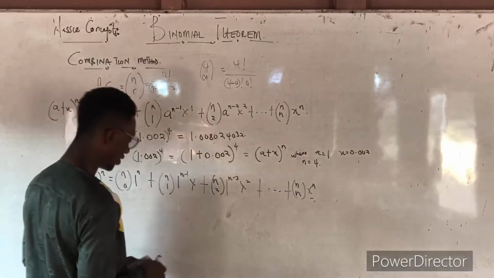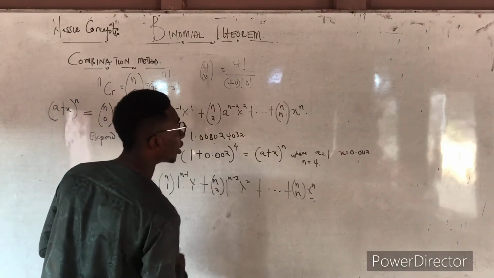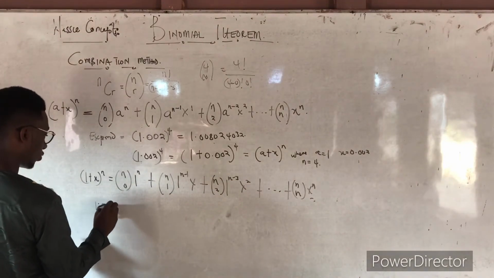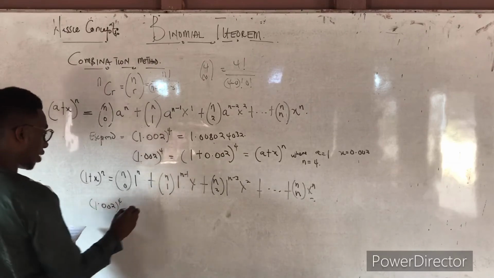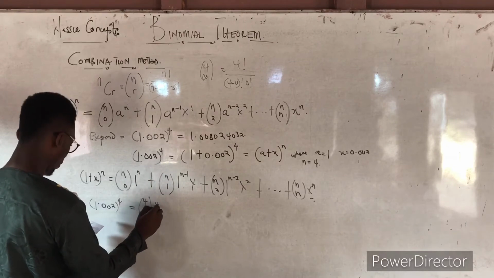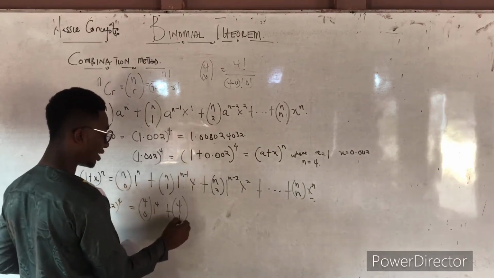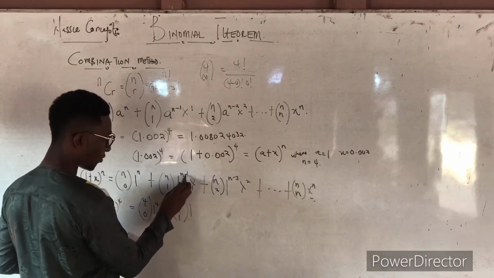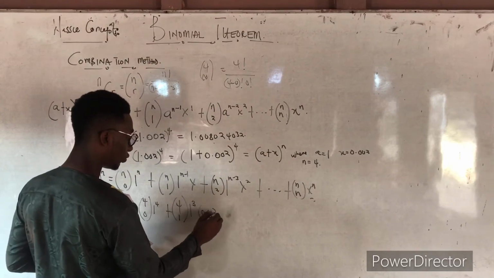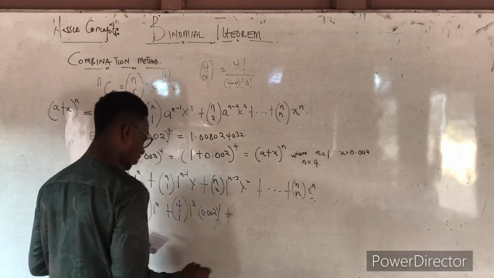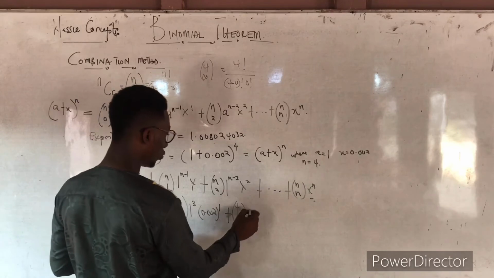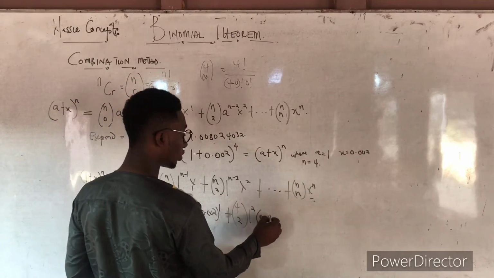So now, how do we expand this? It is very simple here. n is 4, a is 1, x is 0.002. So 1.002 exponent 4 expanding will be equal to 4 combination 0 and 1 exponent 4, plus 4 combination 1 times 1 exponent 3, and x, the x value there is 0.002 exponent 1, plus 4 combination 2, 1 exponent 2, and x, which is 0.002 squared.